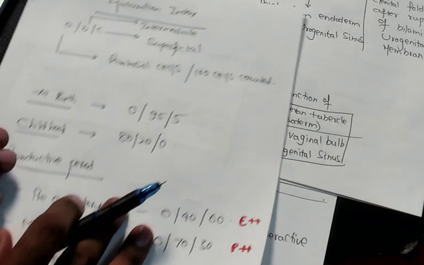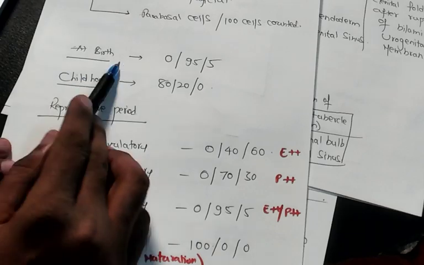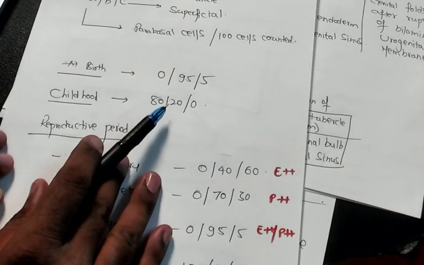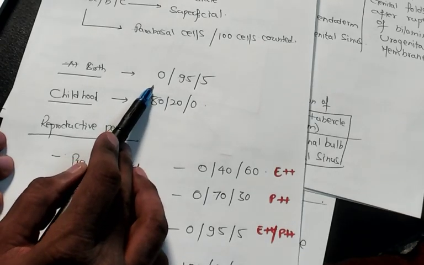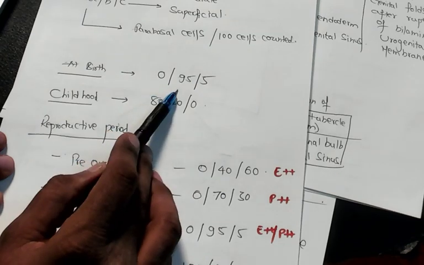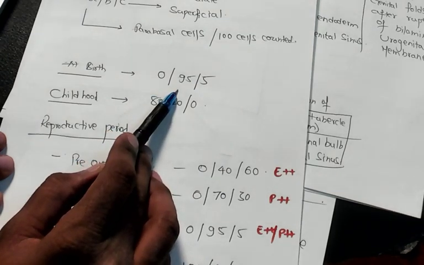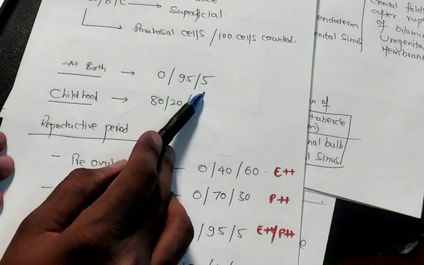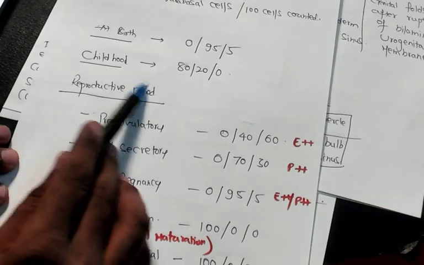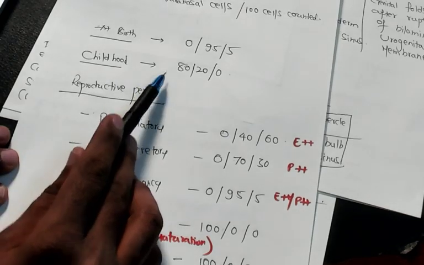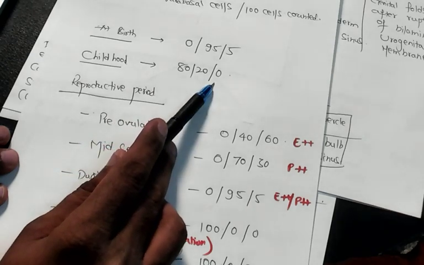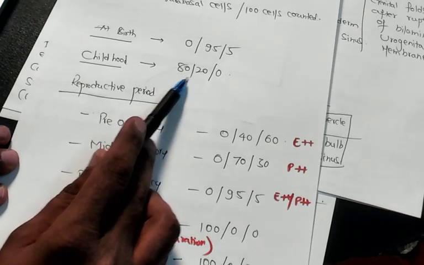Now, at birth, the A, B, C index: at birth, there are no parabasal cells, but we have intermediate cells and superficial, 0 by 95 by 5. In childhood, parabasal are dominating, 80 by 20 by 0.